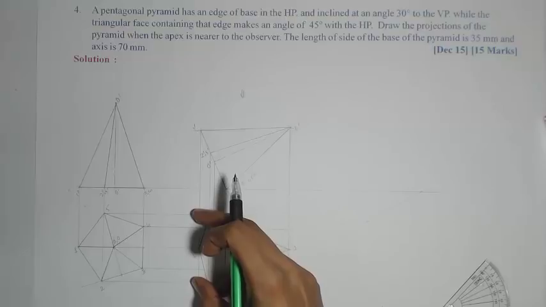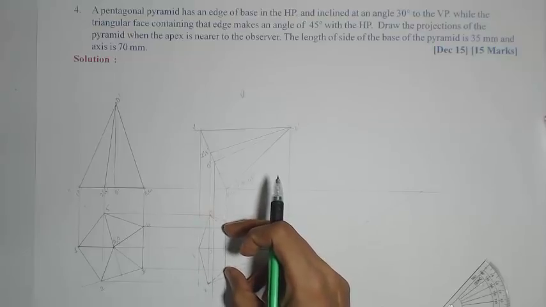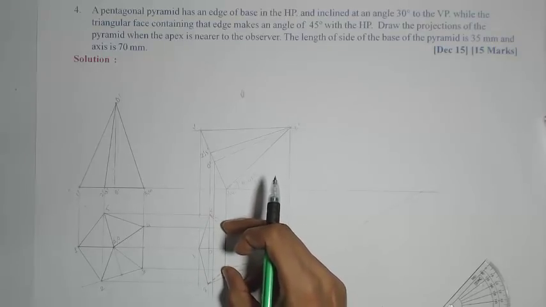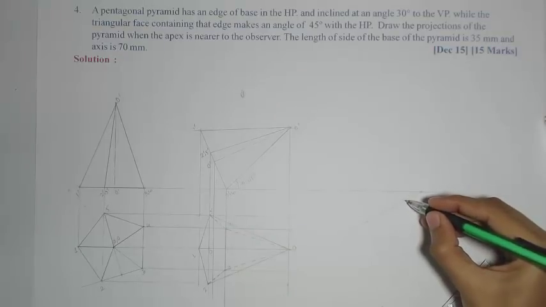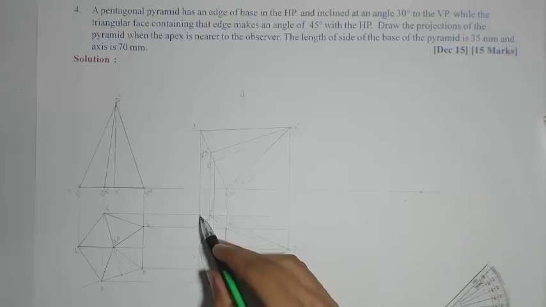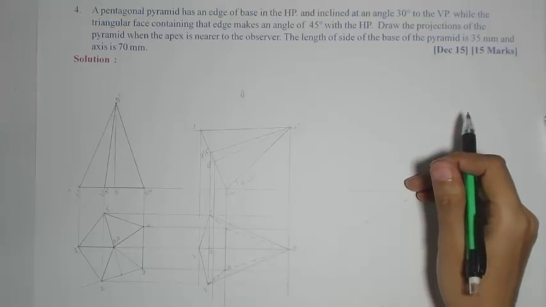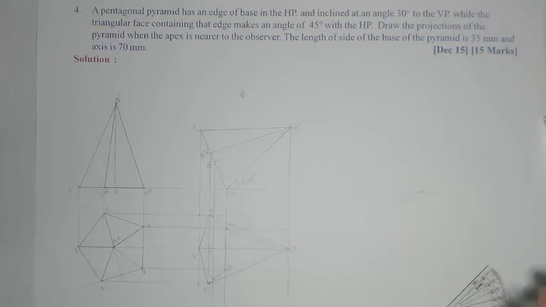So if I make this inclined at 30 degrees, then obviously after completing this, we will get this line inclined at 30 degrees. So first I'll randomly mark one point here, because nothing will come above that point after tilting.